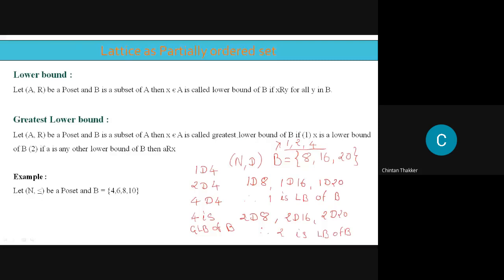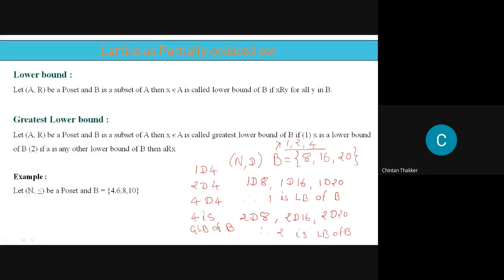So 1 is less than 4, 1 is less than 6, 1 is less than 8, 1 is less than 10. So 1 is related to all 4 numbers, so 1 is a lower bound. 2 is also less than these 4 numbers, so 2 is also a lower bound. 3 is also a lower bound. 4 is equal to 4 and less than the other 3 numbers, so 4 is also a lower bound.